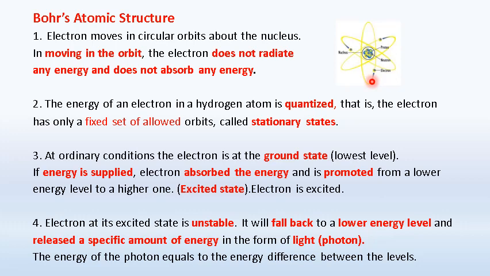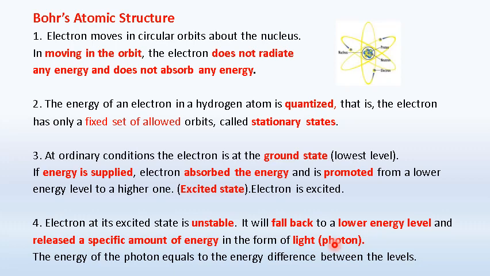Okay, then postulate 4, electron at its excited state is unstable. It will fall back to a lower energy level and release a specific amount of energy in the form of light or photon. Like Mark and Jack, after playing football at the field, they consume the energy. So the potential energy changes to kinetic energy.